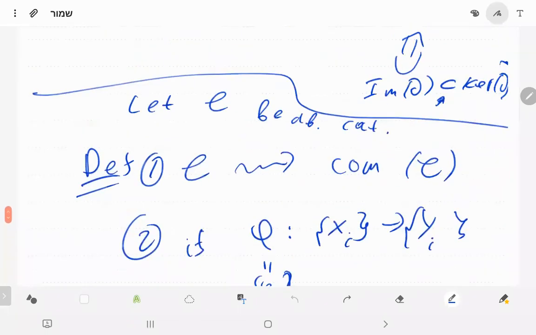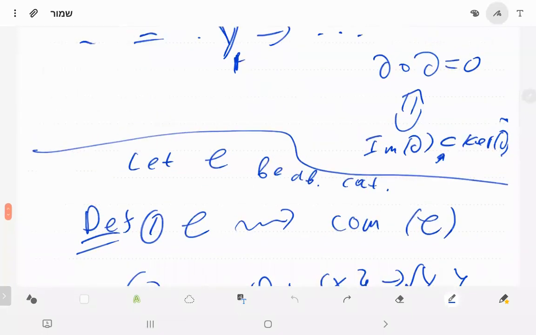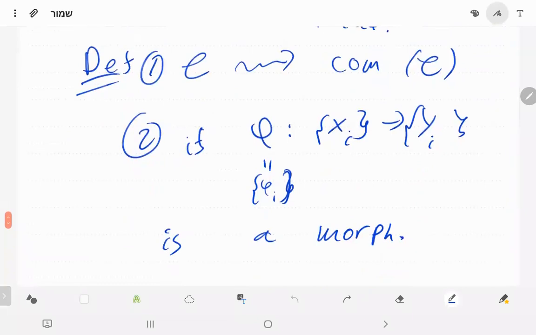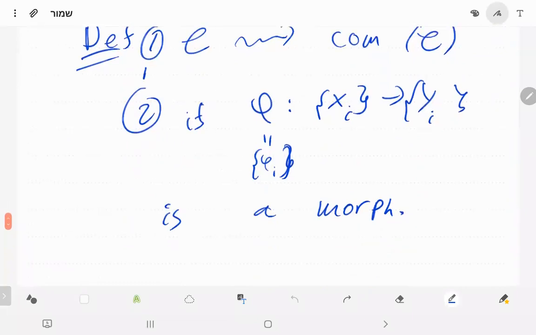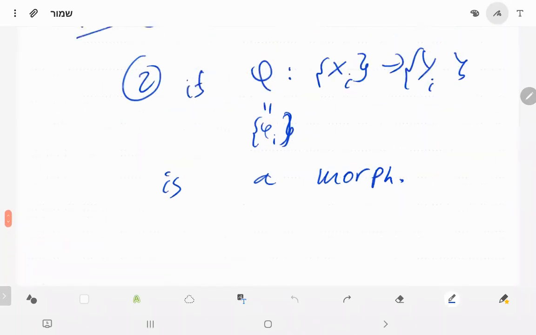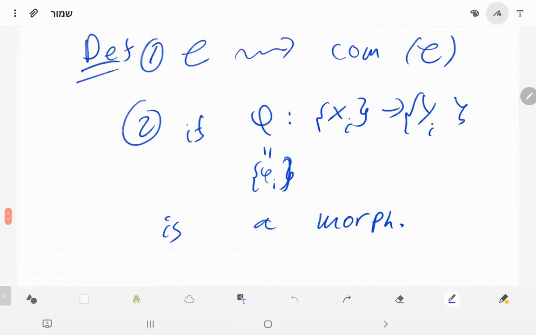Sorry, I didn't denote this thing. So maybe, sorry, I will write it downstairs because I don't have a place here. Let's do it here. I have this thing, I forgot about it.